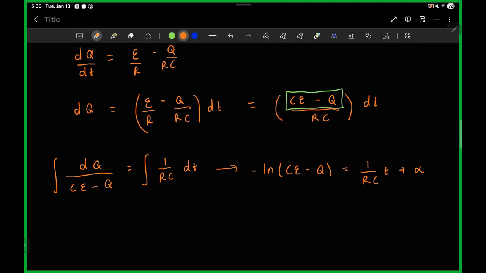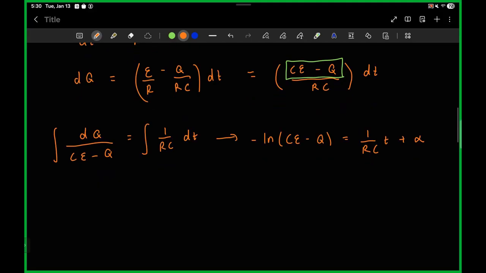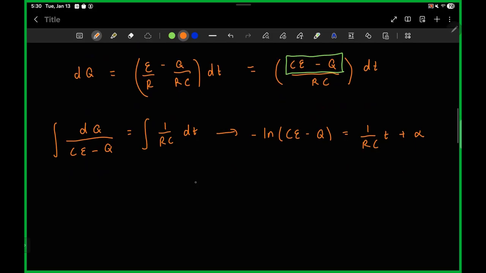So now, of course, our goal is simply to solve for Q. So we'll bring over the negative sign and then exponentiate. Notice that alpha is an arbitrary constant, so I'm not doing any algebraic manipulations with it. And we're left with C epsilon minus Q is equal to e to the minus t over RC plus alpha.